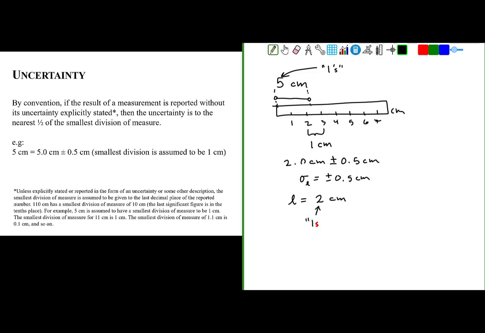2 centimeters, again, is in the ones place. That's the smallest digit, the most precise digit. It's the only digit. That's to the ones place. Since it's to the ones place, our uncertainty can be given to plus or minus 1/2 of that 1 centimeter, which is plus or minus 0.5 centimeters.